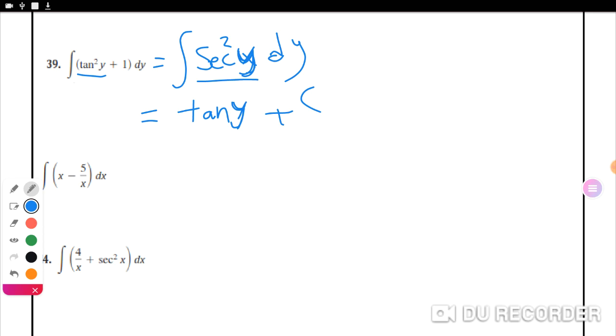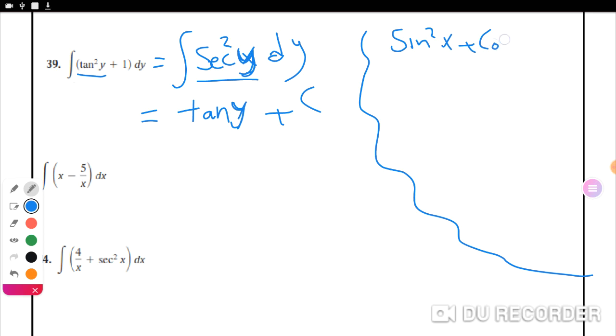Do you know the derivative of tan is secant square? I'd like to show you how we get this one. I'd like to remind you, since we have this identity, sine square x plus cosine square x equal 1.